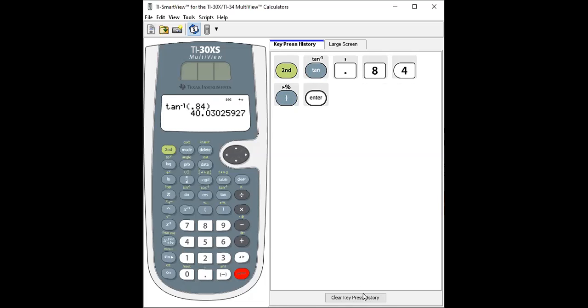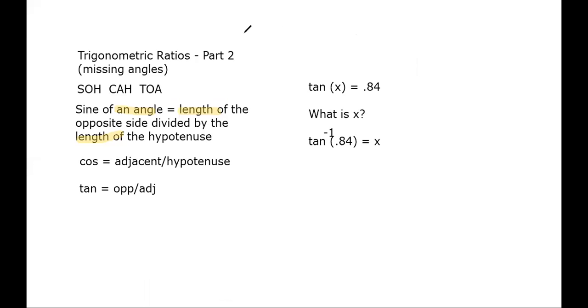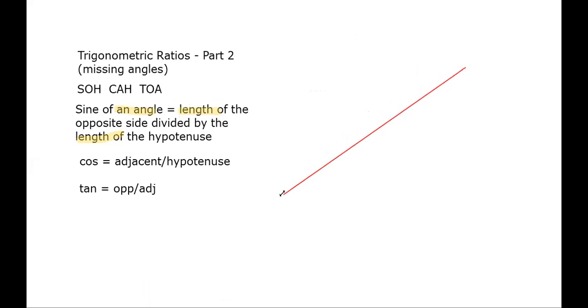For example, if we have a triangle, remember, these are all right triangles that we're referring to.